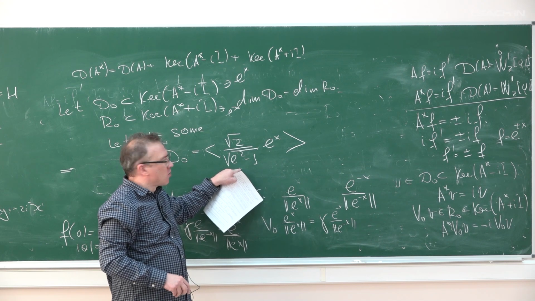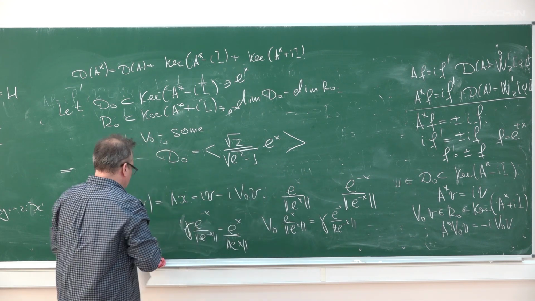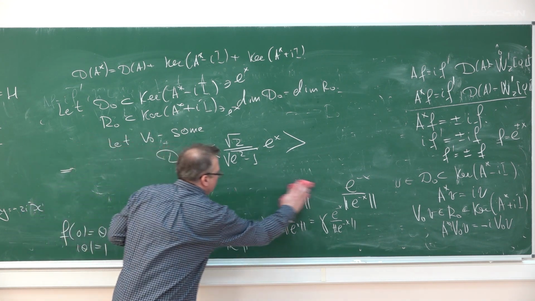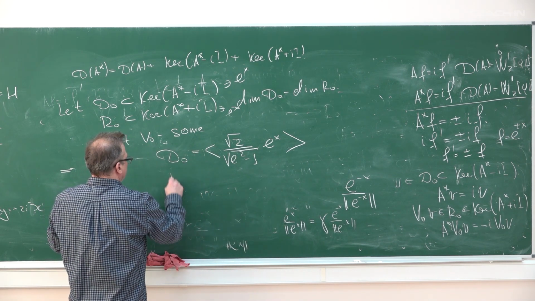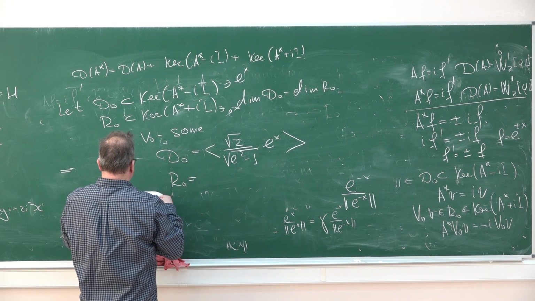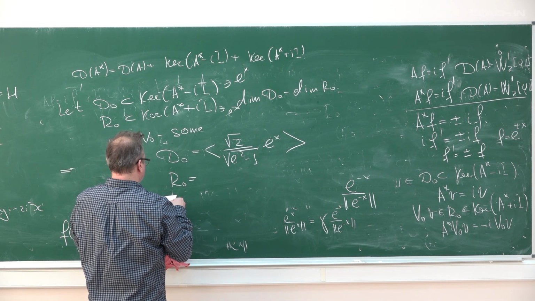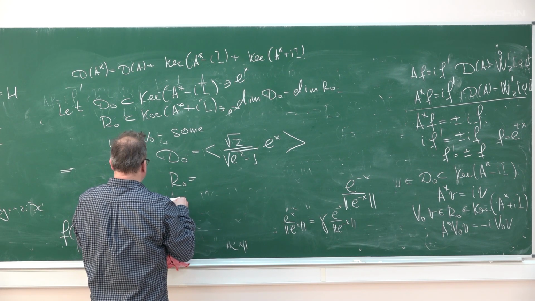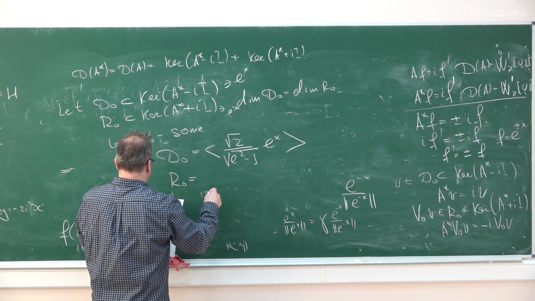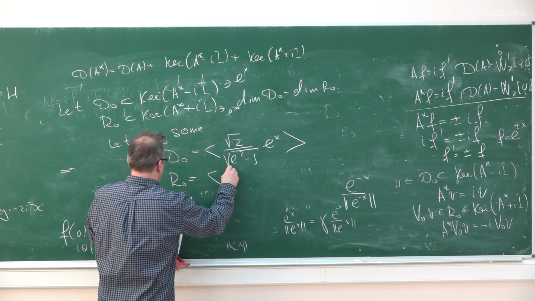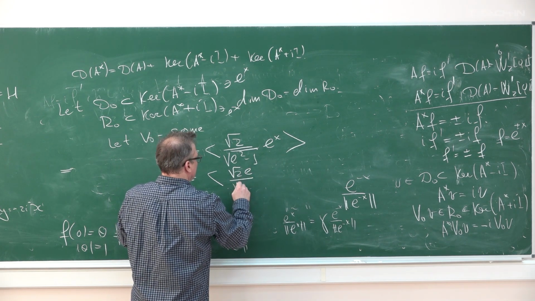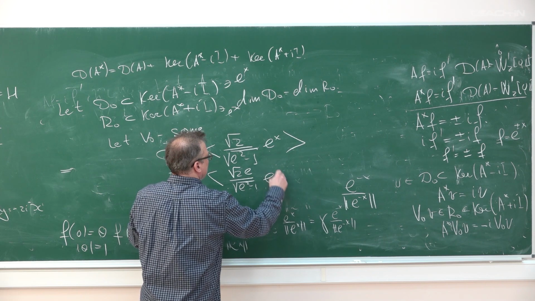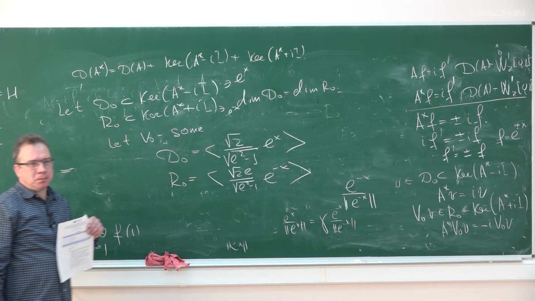Then the norm of this vector is 1. R0 looks like this.